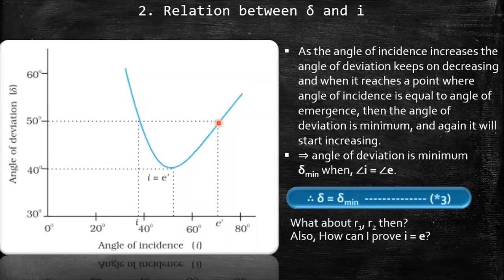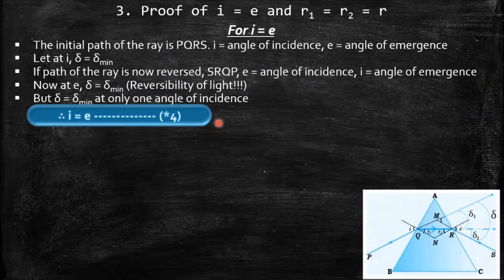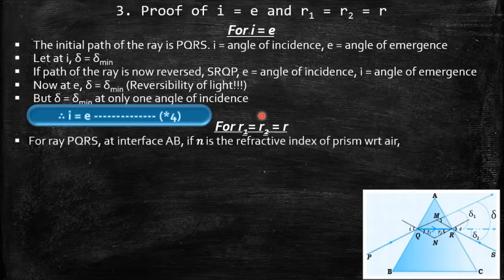Alright. Now since you have understood this property of reversibility of light, let us now move on to find out whether R1 is equal to R2 or not. So for finding out whether R1 is equal to R2, we are going to use the principle of reversibility of light again, albeit with a little twist. Let's see what it is.